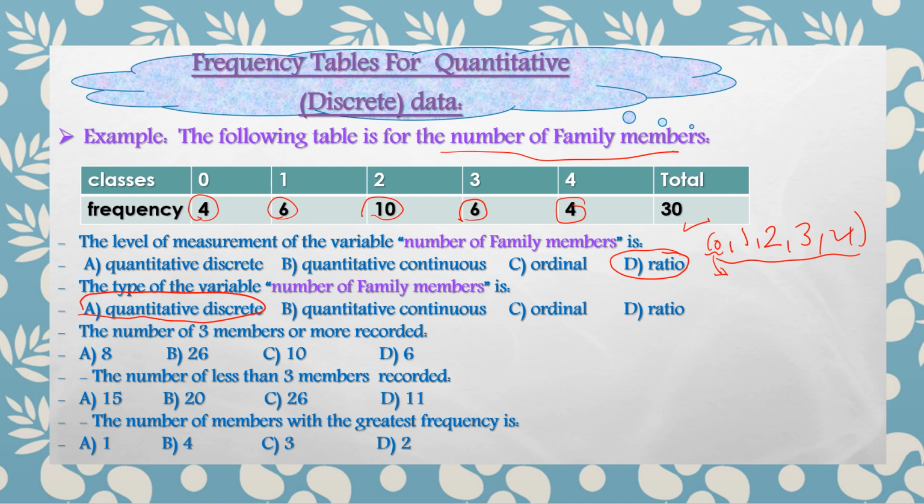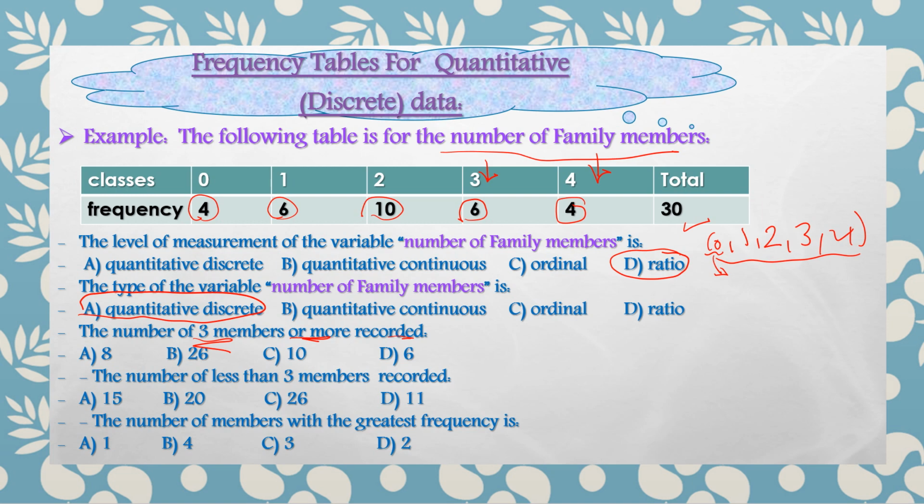The number of 3 members or more recorded is. Here he's asking about the frequency for the class of 3 members and more, which is 4 members. So he needs the total number of frequencies for 2 classes, the class of 3 members and the class of 4 members.